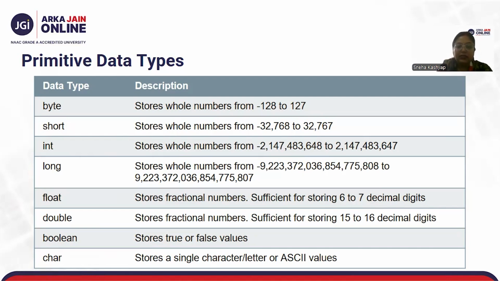So it gives the result in terms of true and false. So this is all about boolean. Next is character. It stores a single character or letter or the ASCII values. We will see examples of the following data types and look into how they get into the program and how we use them.